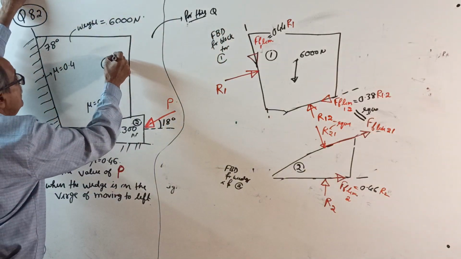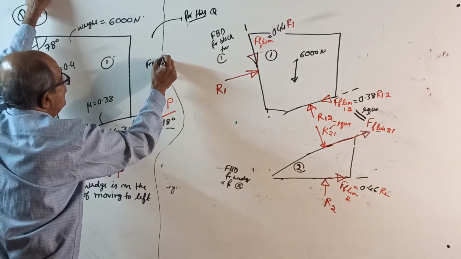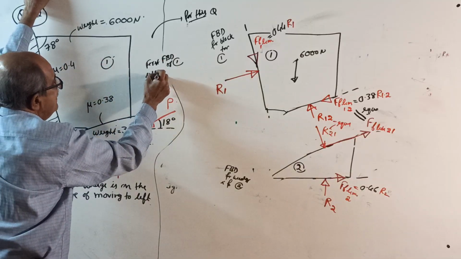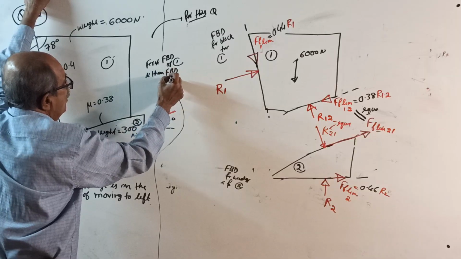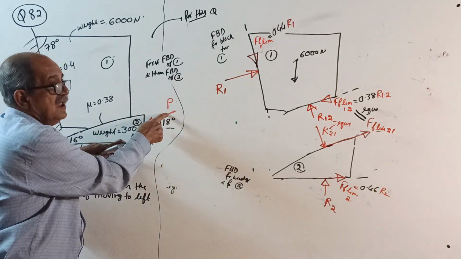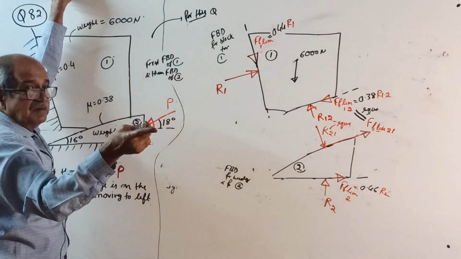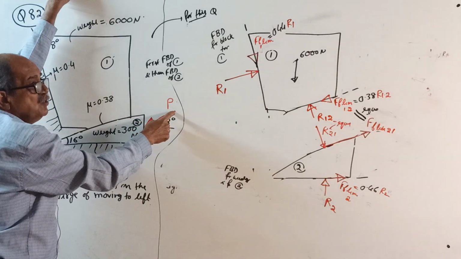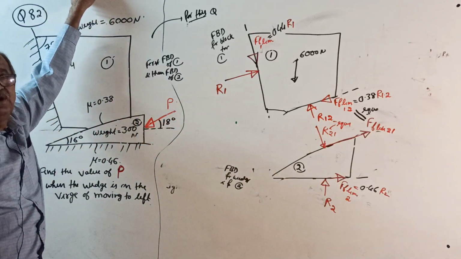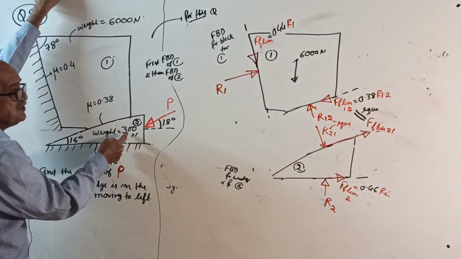First consider the free body diagram of 1, that is the block, and then the free body diagram of 2, the wedge, where the unknown is P. Suppose in the question paper they give this P, say a force of 13,500 Newton is found to just move the wedge to the left side.